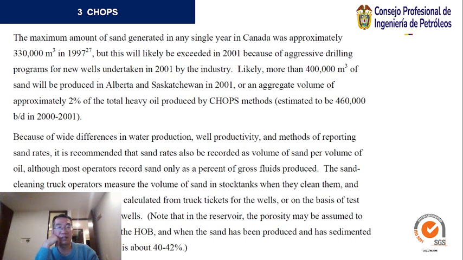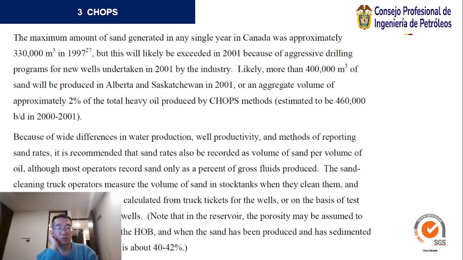Because of wide differences in water production, well productivity, and methods of reporting sand rates, it is recommended that sand rates also be recorded as the volume of sand per volume of oil.